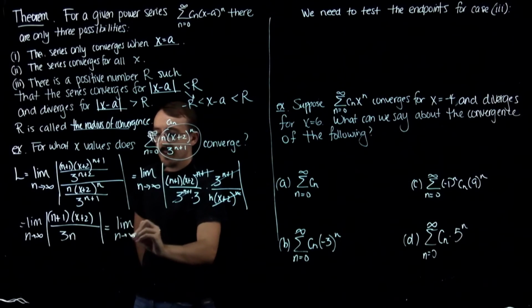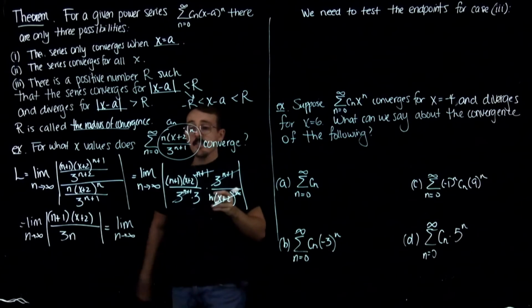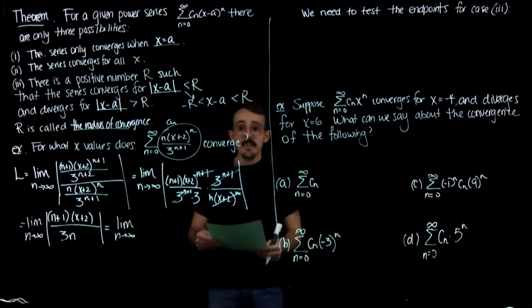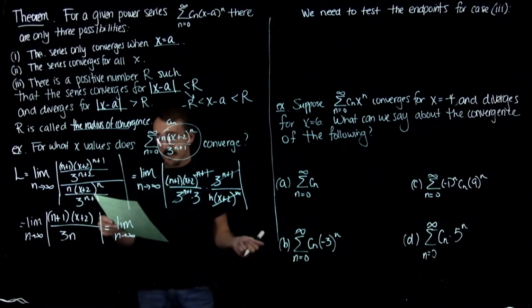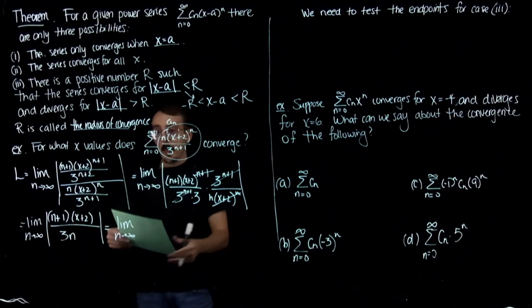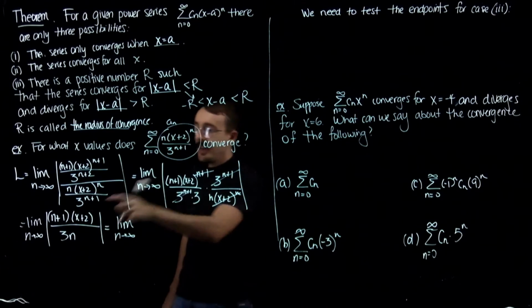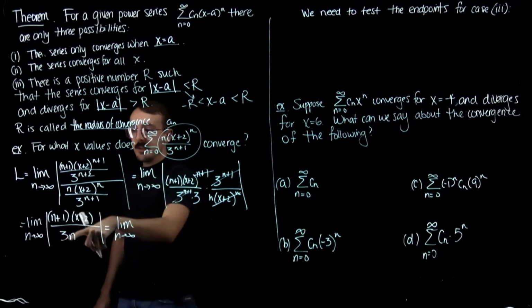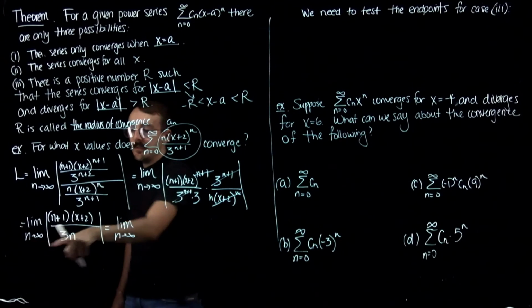So now I have the limit as n goes to infinity of this. And what I'm going to ask myself now is, are there pieces of this that I for sure know are positive? And yes, I do. n is 0, 1, 2, 3, etc. n is going to infinity.